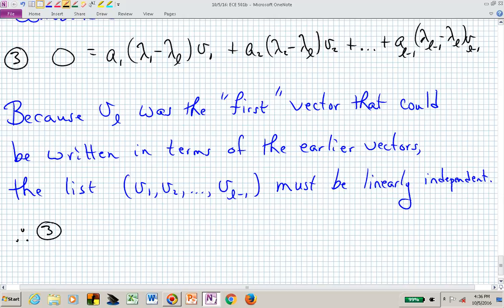That says that their weights or scalings have to all be 0 if they're linearly independent. Therefore, equation 3 implies all the coefficients are 0.